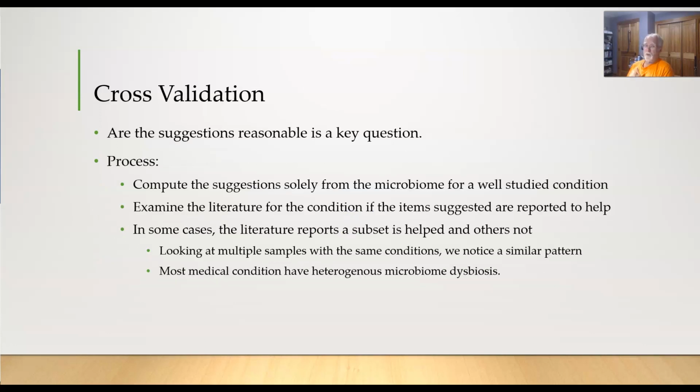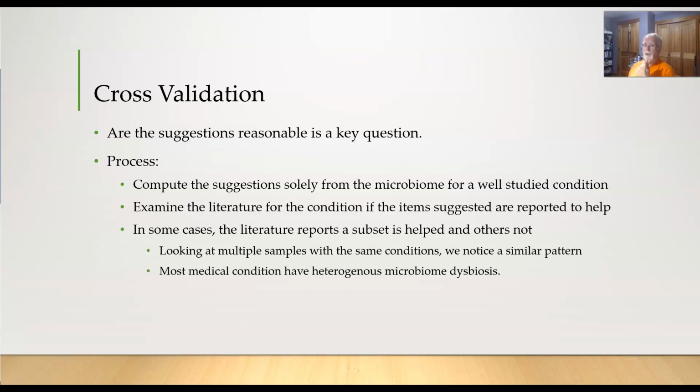Once you have your suggestions, we go over to the joyous thing called cross-validation. Are the suggestions reasonable is a key question. The conditions I originally looked at fortunately had a lot of literature on what helped or didn't help this particular condition.